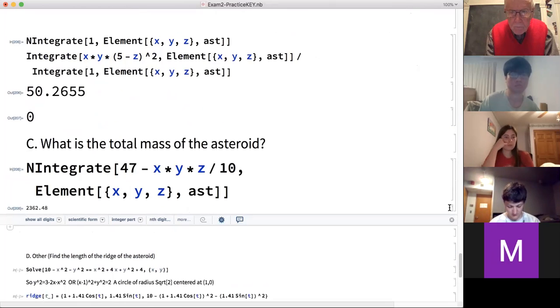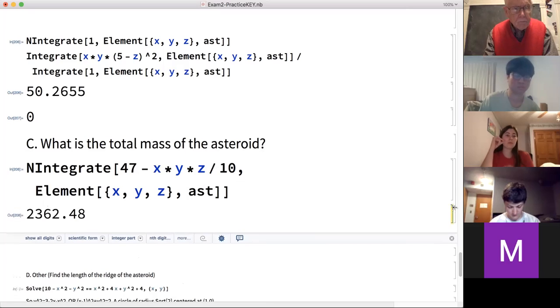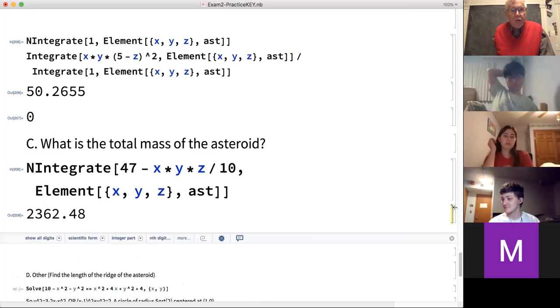So for both mass and when finding the average temperature, you're integrating within the asteroid, like within the bounds of the asteroid. The bounds never change. You're always integrating within that region that you specified, correct? Yeah, that's correct, because that's what we're interested in, the average temperature of the asteroid. Okay. And the mass of the asteroid. So it's the region of the asteroid that affects this.